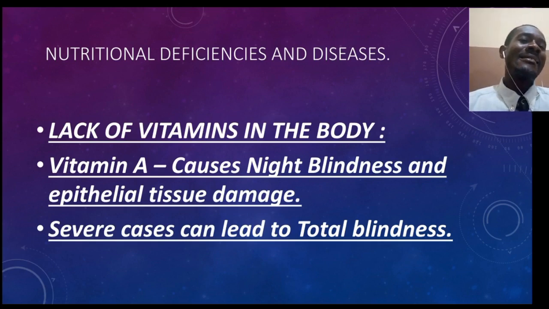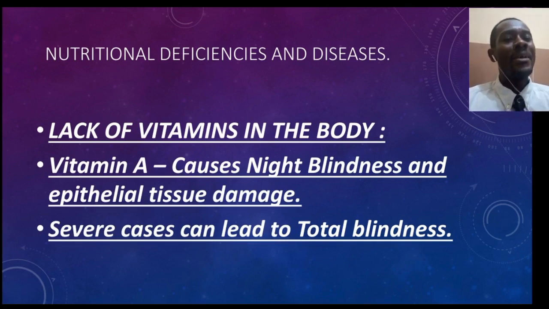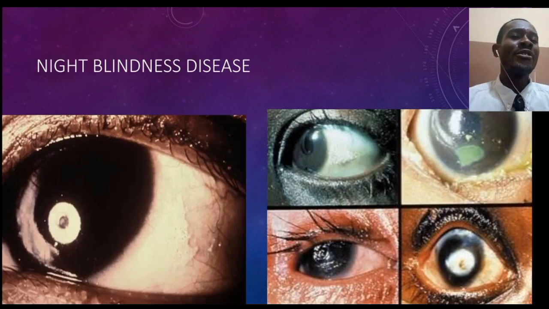Now, in the next slide, I want to be showing you some symptoms of this lack of vitamin A, as you can see on your screen. And that is how it affects the eye.